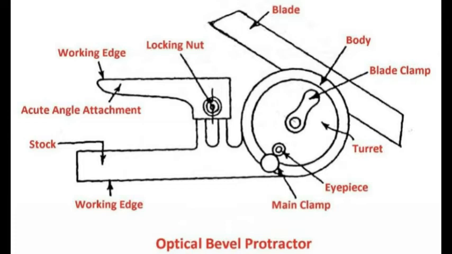Provision is also made for adjusting the focus of the system to accommodate normal variation in eyesight. The scale and vernier are so arranged that they are always in focus in the optical system. Okay, so I hope everyone understands this optical bevel protractor.